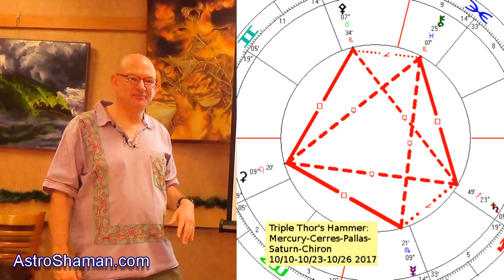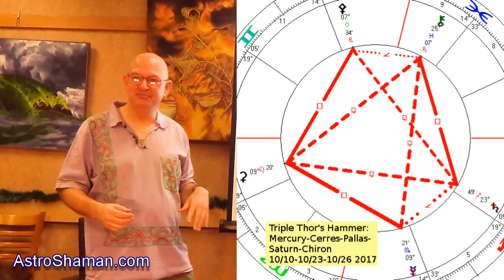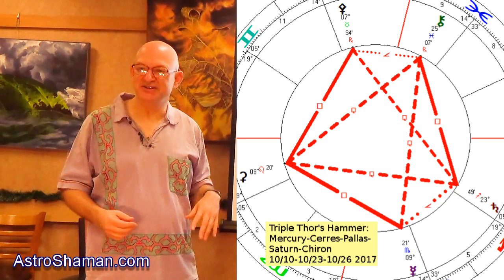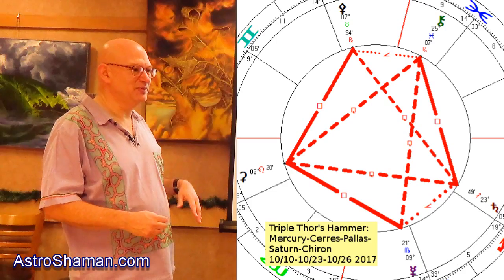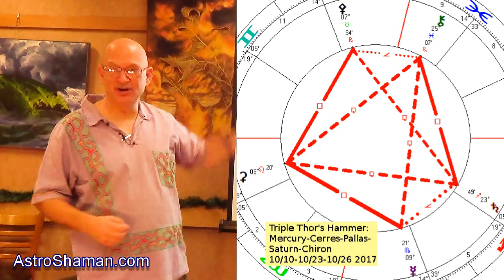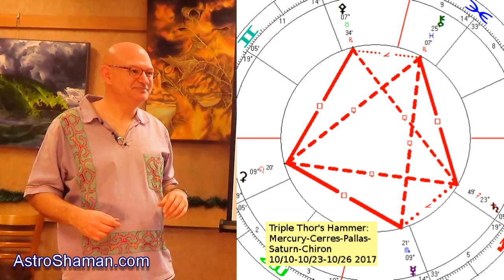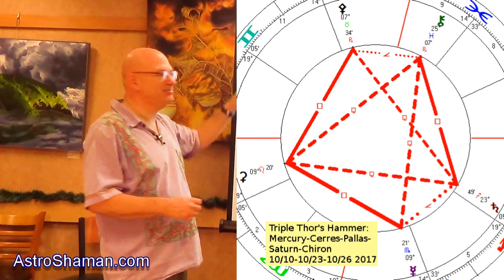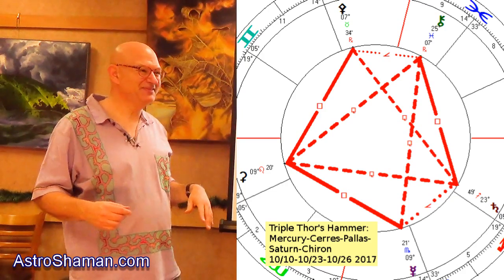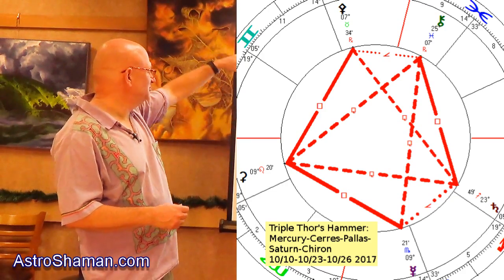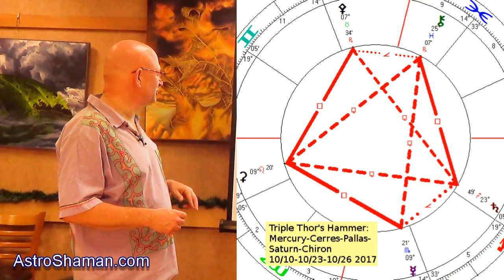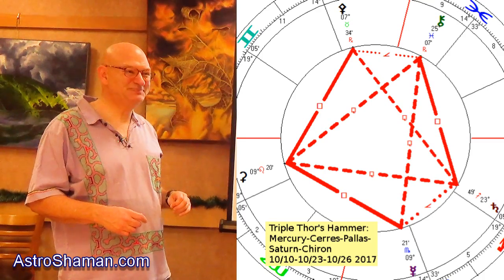I'm just throwing out the things that seem most resonant for me. And of course, I have my own biases and worldview. Another person with a different mindset would have a completely different way of working with that, and it would be every bit as valid. As long as it makes archetypal sense, it's a valid interpretation. So again, any thoughts on the triple Thor's hammer before we move along?